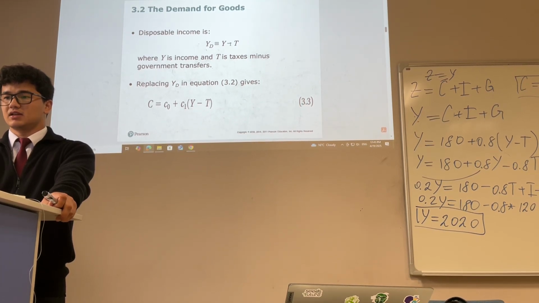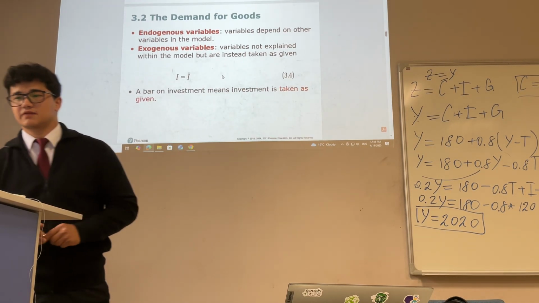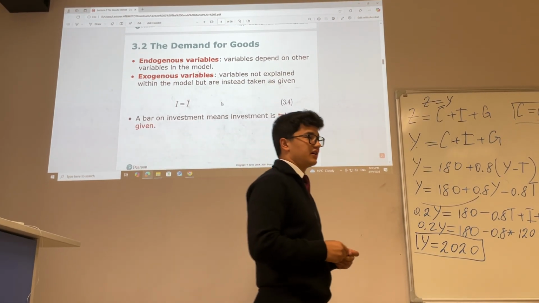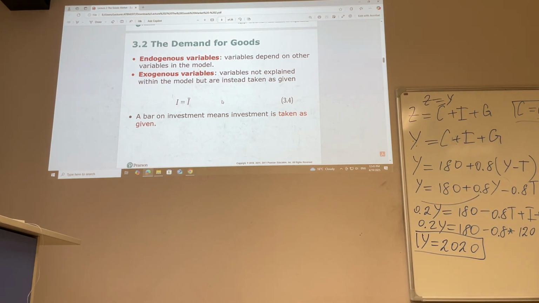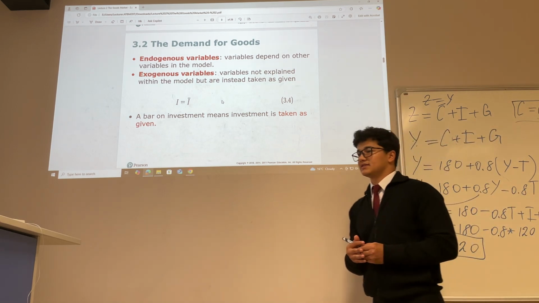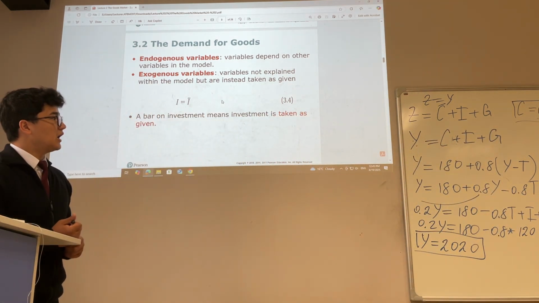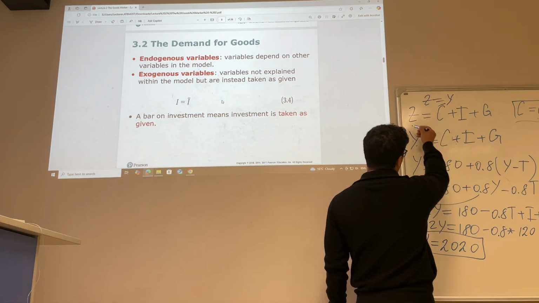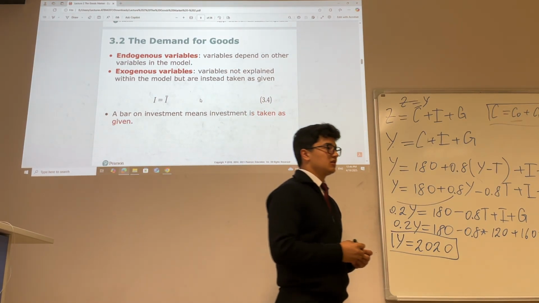This again, they are repeating. Also, endogenous variables and exogenous variables. Endogenous variables depend on something, and they can be explained in the model. And exogenous variables are just taken as given. For example, here our consumption or total demand is endogenous, but our investment is exogenous.